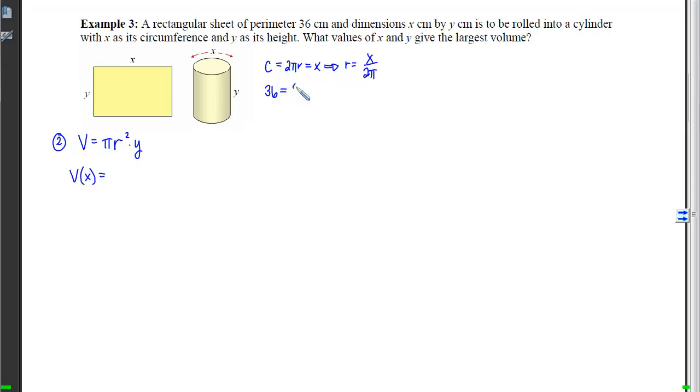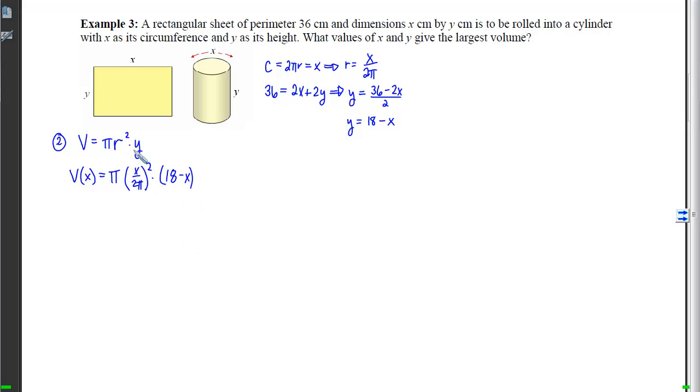So that comes from 2 x's plus 2 y's. When I use that relationship, I can get that y is (36 minus 2x) over 2, or that y is 18 minus x. So in my formula now, I can replace r with x over 2 pi, and I can replace y with 18 minus x.